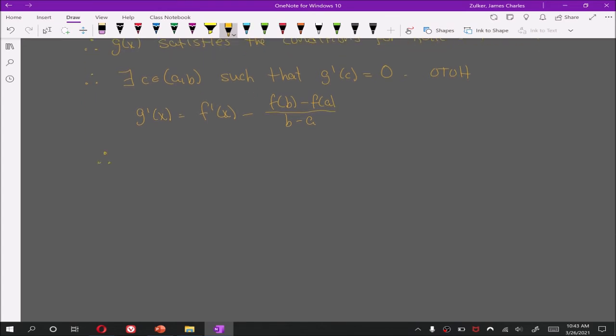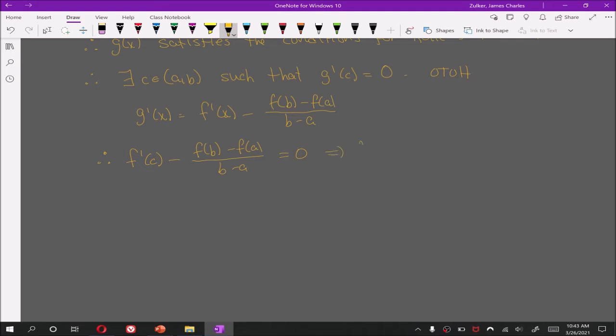What we have to have then is f prime of c minus f of b minus f of a over b minus a equal to 0.